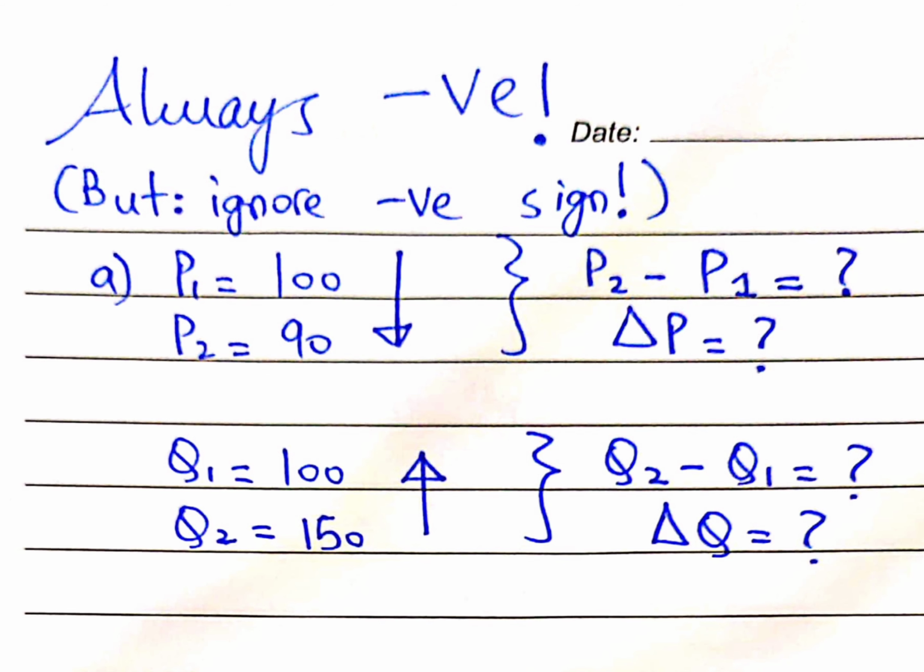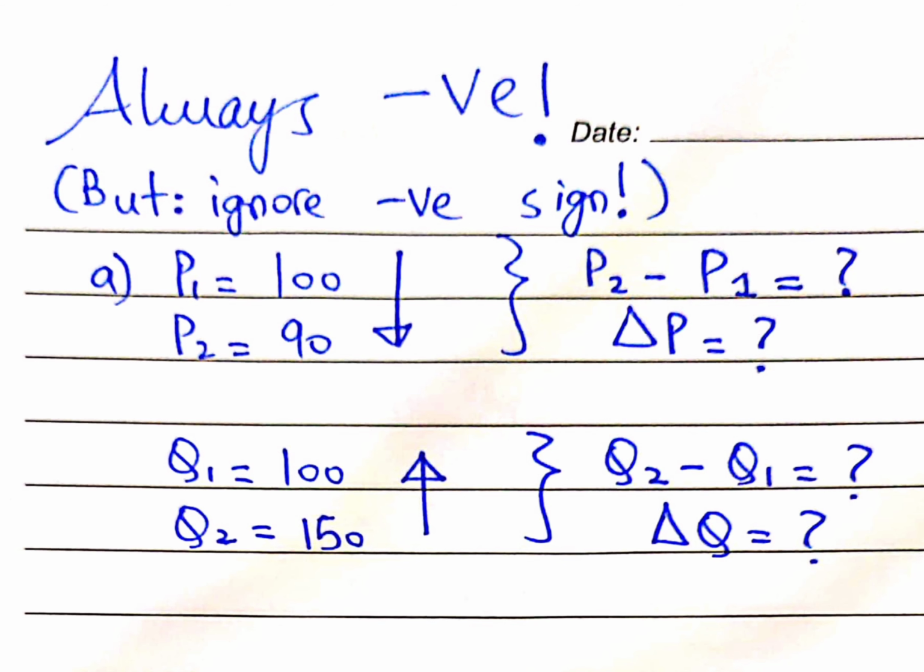Okay, now first of all, before we actually use the formula that I shared at the very beginning of this video, I want you to first just try calculating the change in price and the change in quantity in order to firmly grasp the fact once and for all that the answer is in fact always going to end up being a negative term. So here on the screen you can see that I've put question marks deliberately because I want you to try this for yourself.